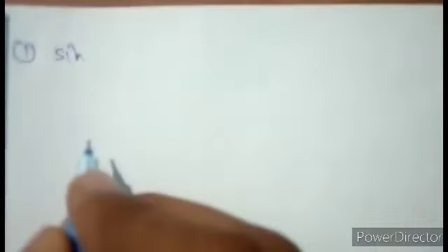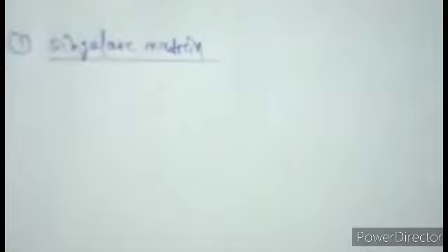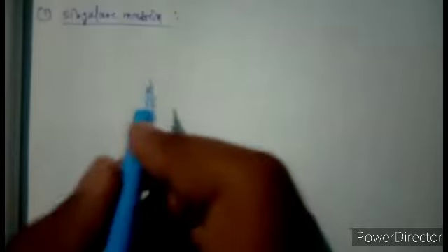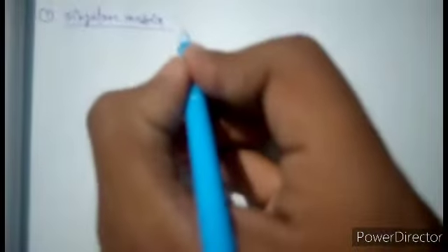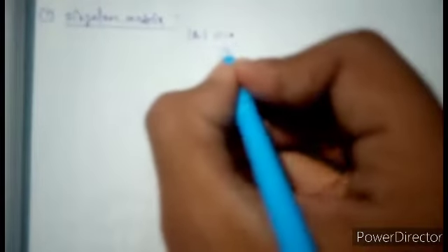Then come to what is called a singular matrix. If we consider a matrix and the mod of the matrix is equal to 0, then it is called a singular matrix.